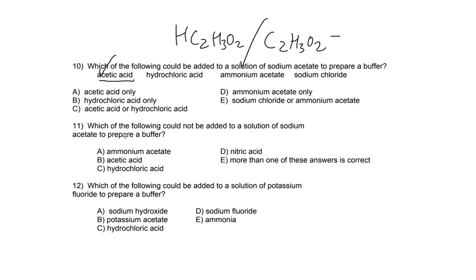So acetic acid automatically will do it. Sodium chloride, these are going to cancel out. Ammonium is a weak acid when you put it in solution. The acetate ion's already there, and hydrochloric acid, we're not going to deal with. So for right now, for our purposes, we'll say the correct answer is A.